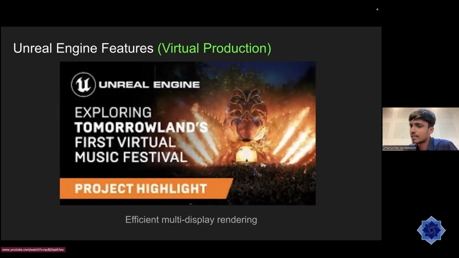Tomorrowland, I'm not quite sure about the year, but recently they held a festival using virtual production. I think this was around the COVID year because they couldn't gather a mass crowd in a specific place because of the virus. If I remember correctly, that's the reason they did this virtual production using Unreal Engine.